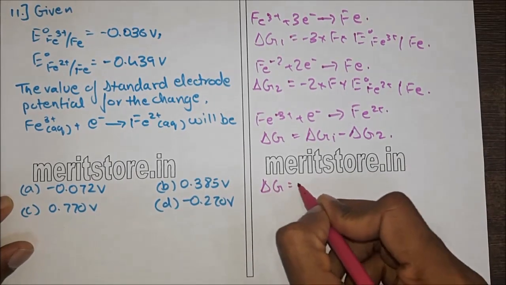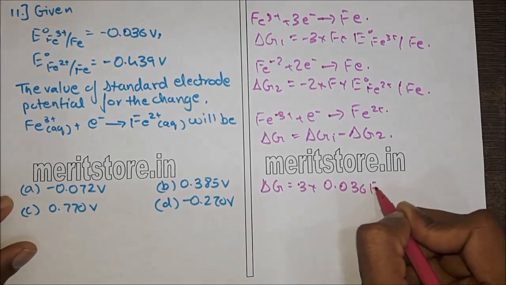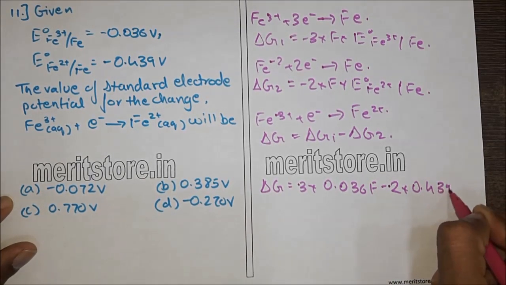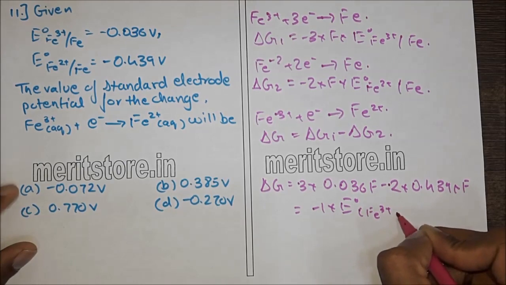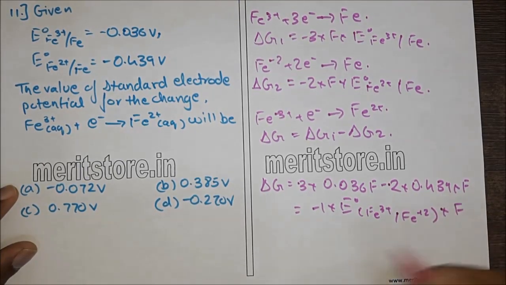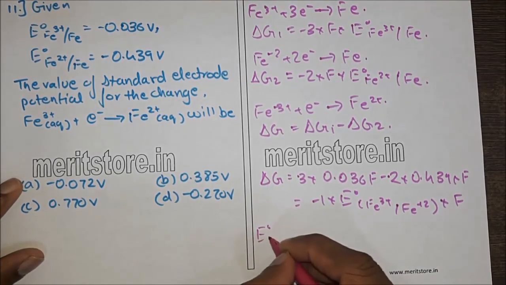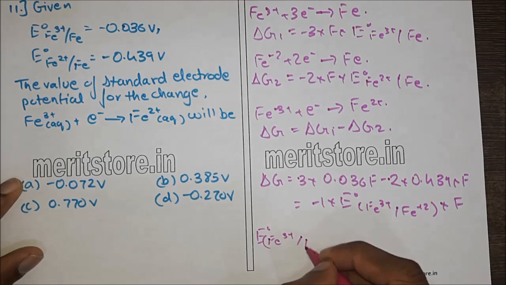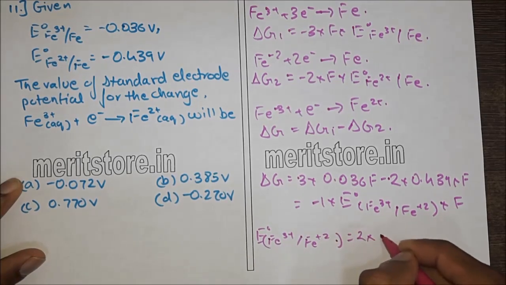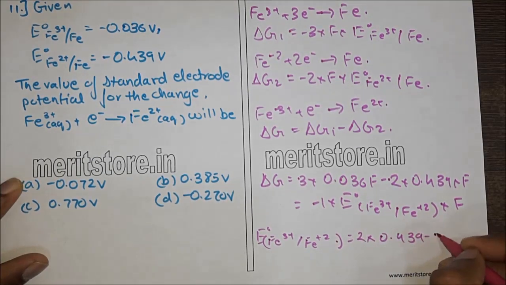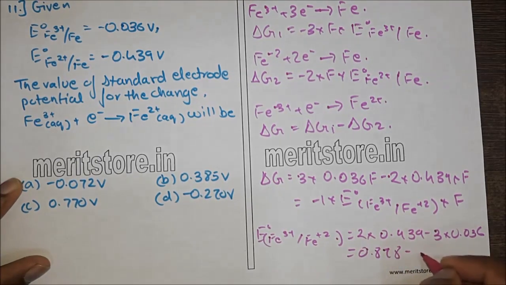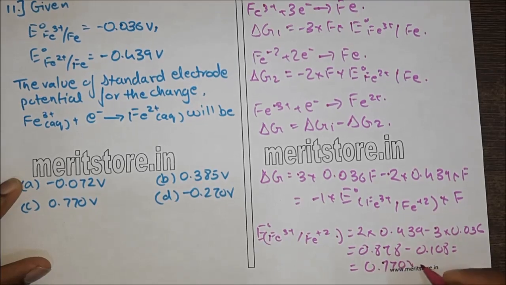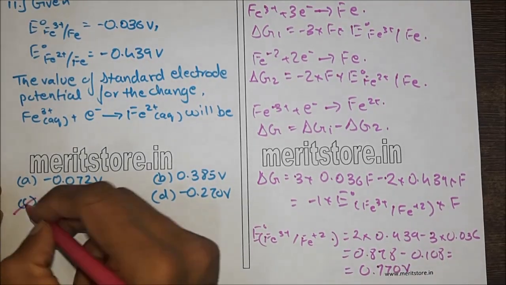So we get delta G is equal to 3 into 0.036 farad minus 2 into 0.439 into farad, which we get as minus 1 into E0 Fe3+/Fe2+ into F. Therefore, for solving, we get E0 Fe3+/Fe2+, which is equal to 2 into 0.439 minus 3 into 0.036, which is equal to 0.878 minus 0.108, we get as 0.770 volt, which we see our answer matches option C. Therefore option C is the correct answer.